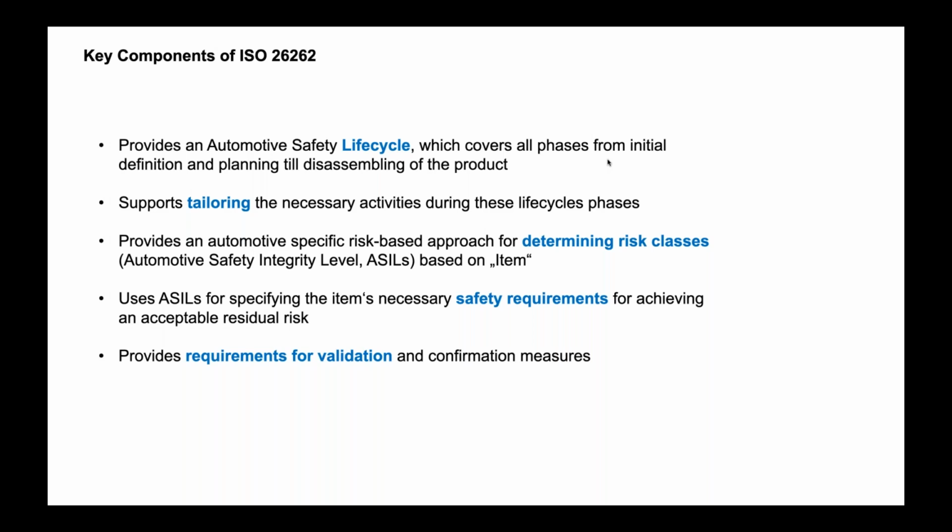And also the system shall provide requirements for validation and confirmation measures. So we need to be able to store all of this data in the system, and Polarion can help to achieve this in the best way.